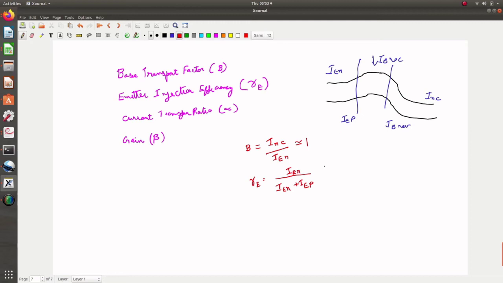This also ideally should be equal to 1, which means the majority contribution of the emitter current should be due to the electrons moving from emitter to base rather than holes moving from base to emitter.